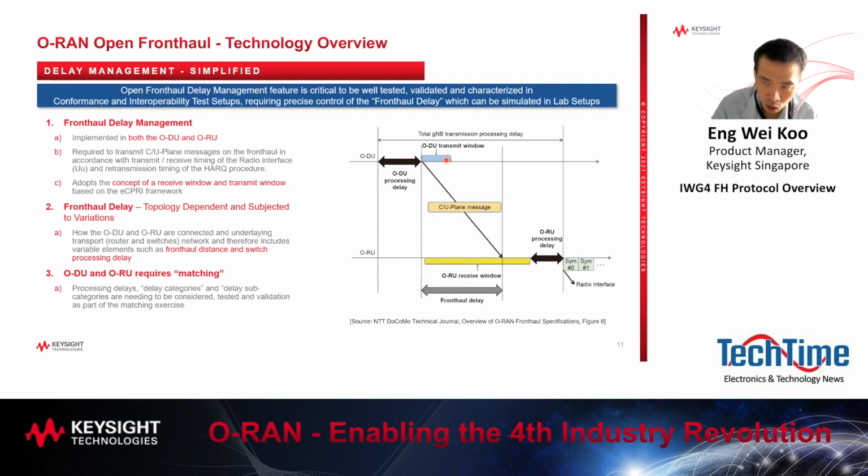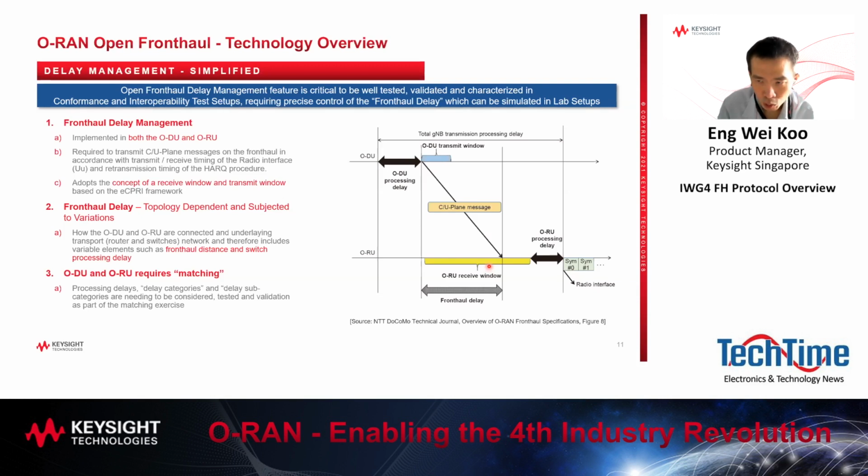The key thing to make sure is that the transmit and receive window are basically tied to the ODU and ORU implementation because there are internal memory buffers associated with the ODU and ORU, especially the ORU is not designed to hold minutes of data.